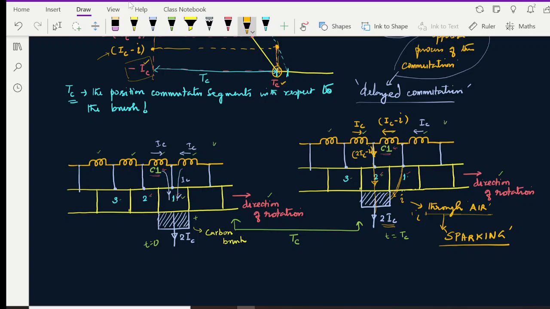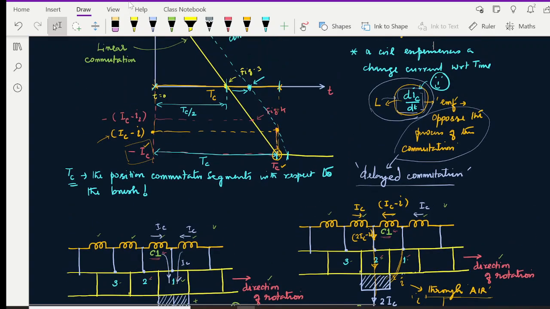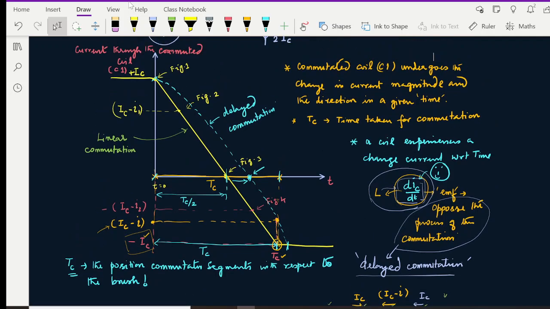Okay, look at an interesting phenomenon. It is better to recollect. Ideally speaking, the linear commutation process will make sure that there is plus IC current in coil 1 at time t equal to 0, and at time t equal to TC, where commutator segment 2 completely occupies the brush, it is expected to be minus IC.